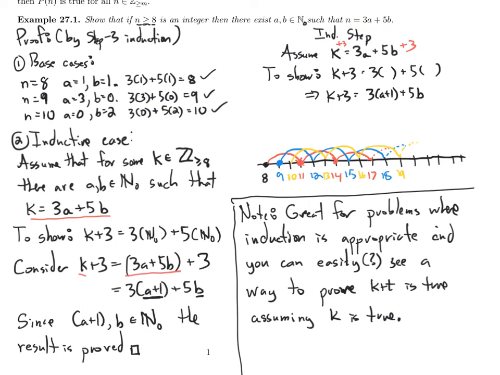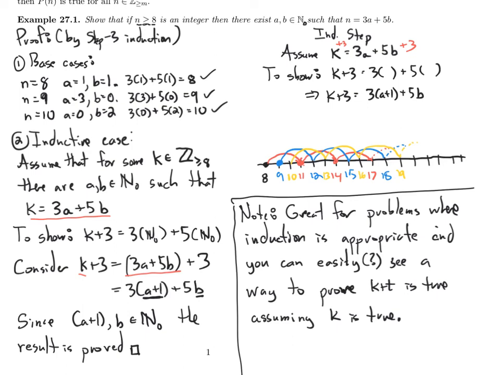If we wanted to, we could have done a step 5 induction as well. So we could have proved the result is true in base cases for 8, 9, 10, 11, and 12. And then rather than adding 3 to both sides in our inductive step, we added 5 to both sides, and it still would have proved it.